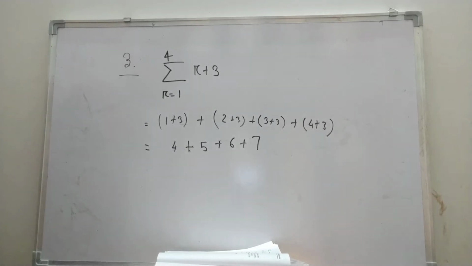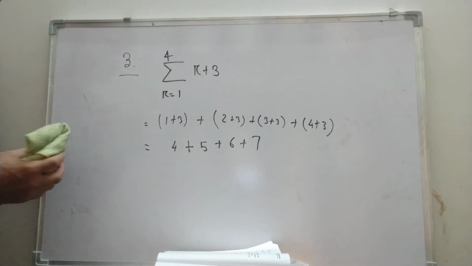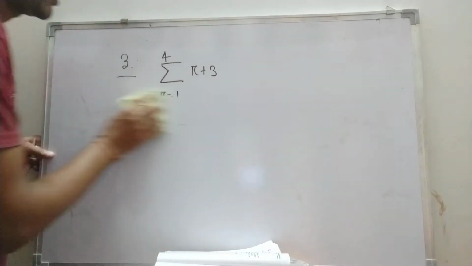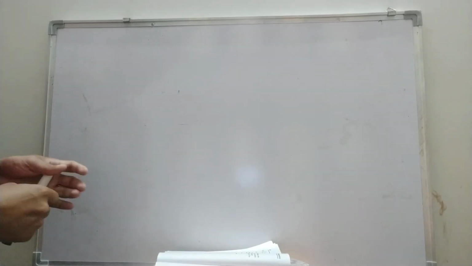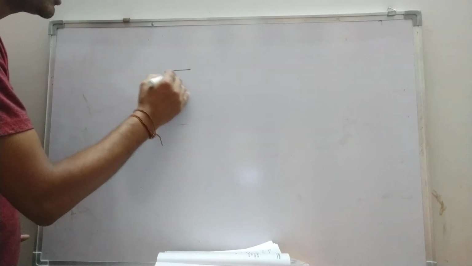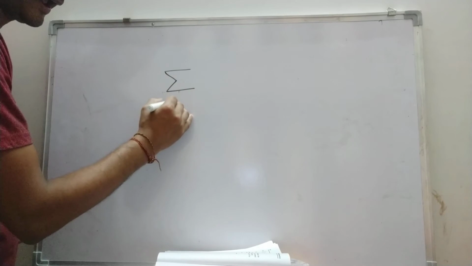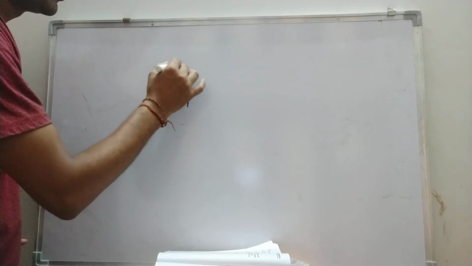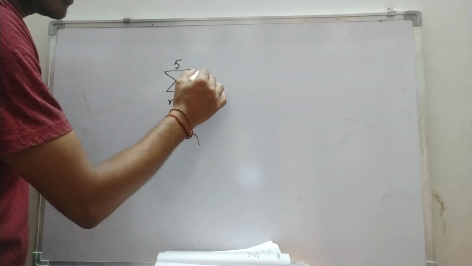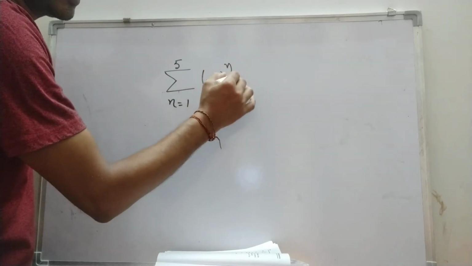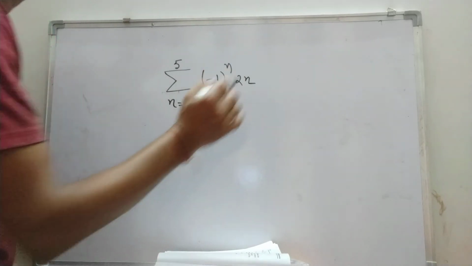In the same way, students, there is another question, question number 3(b). So we will move to that question also. Let's come to question number 3(b). Question number 3(b) says n goes from 1 to 5, minus 1 to the power n, twice n is multiplied there.